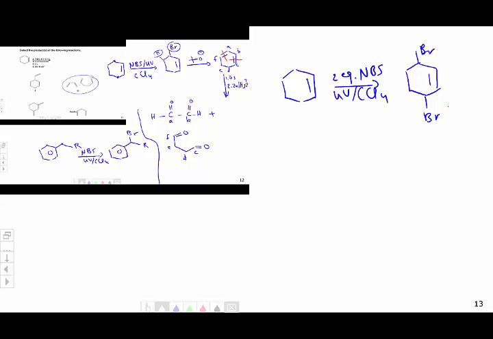Then if I add tertiary butoxide to this, the Br and the H from this, the Br and the H from this, I can end up with a benzene ring. Does this make sense? So if nothing is mentioned, you're assuming 1 equivalent. If I say 2 equivalents, then 2 positions will be brominated.